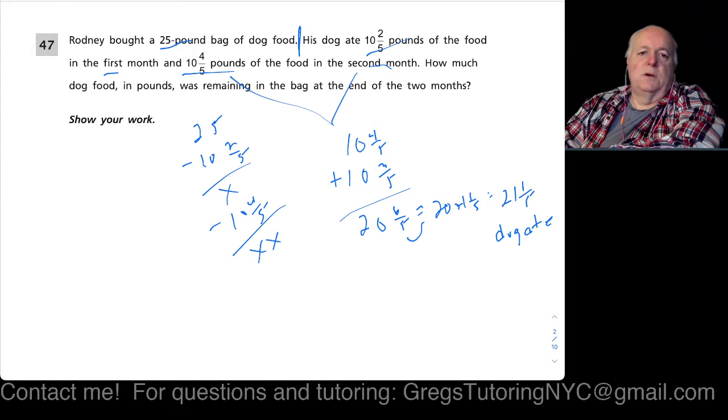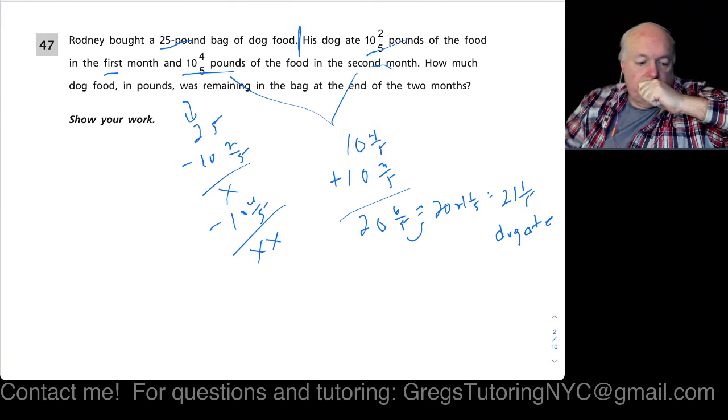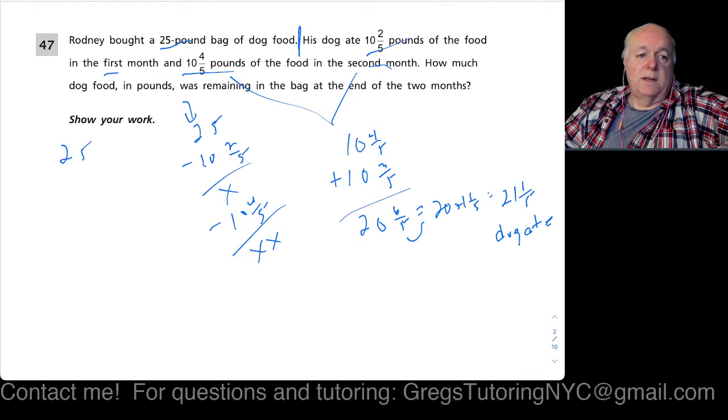If we use the alternate way to do this, I'll do the computations over here. We have 25 minus 10 2/5.